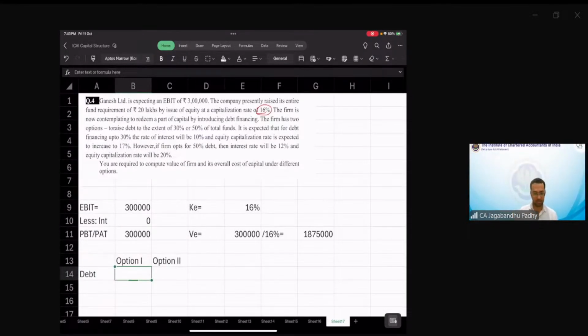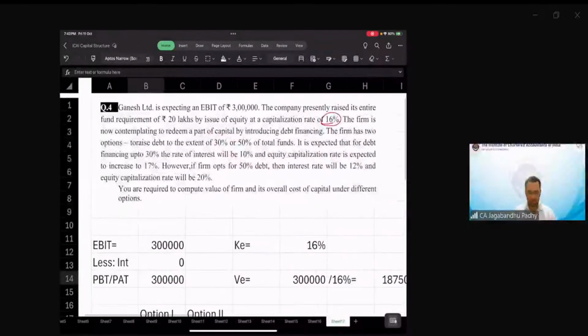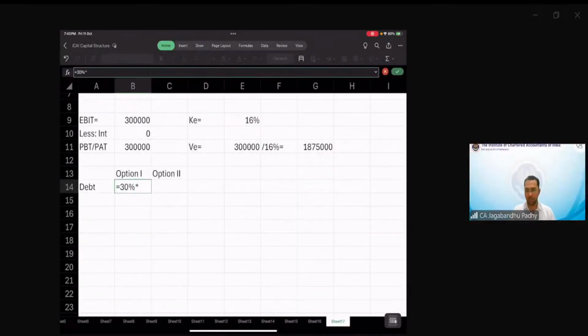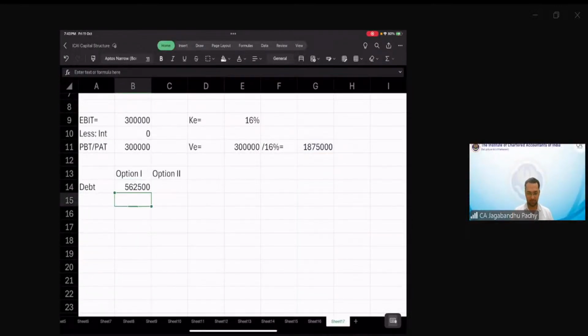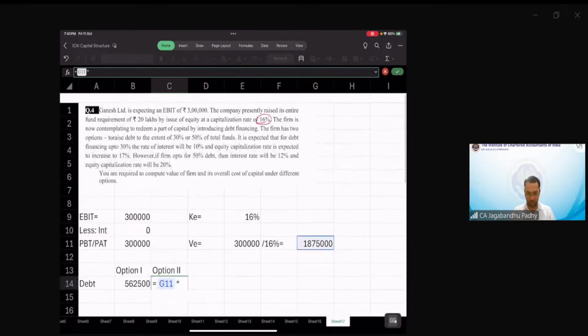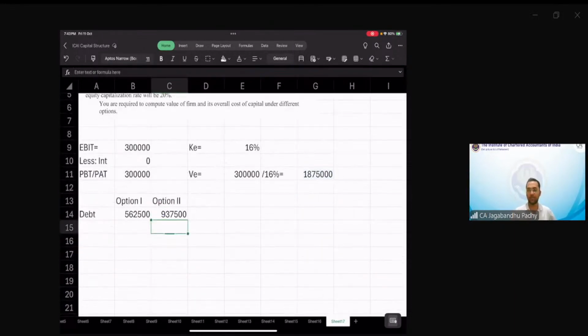In the first case, it is going to be 30% of 18 lakh 75,000, or the second option is to take 50% of the total funds that you have. So this will be the amount of debt you are taking.